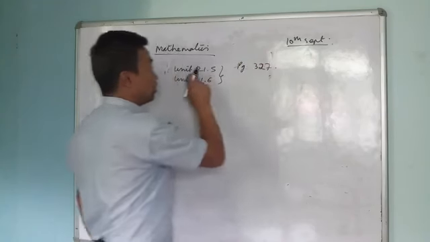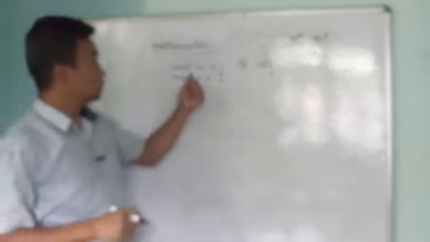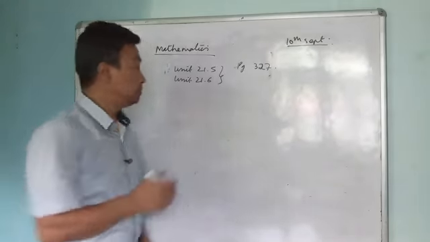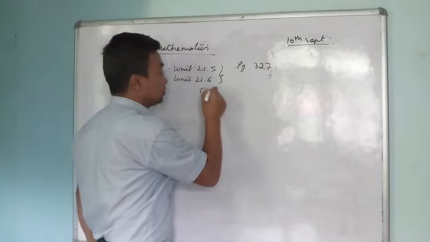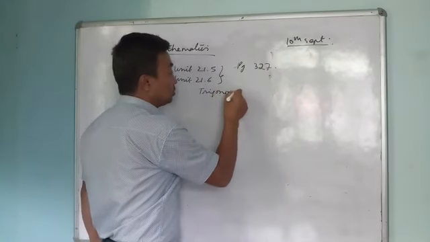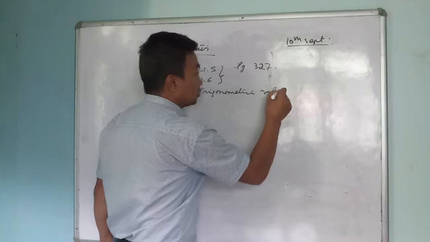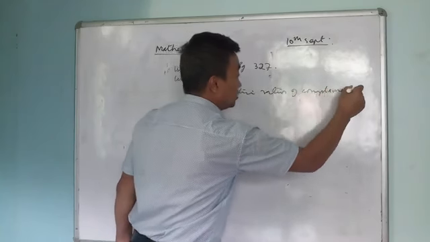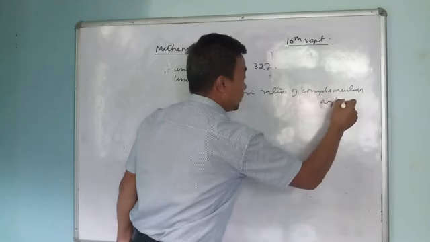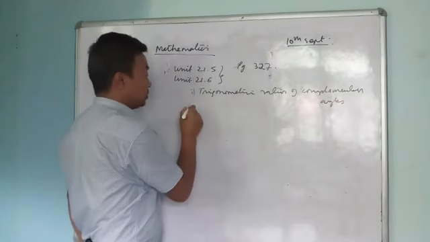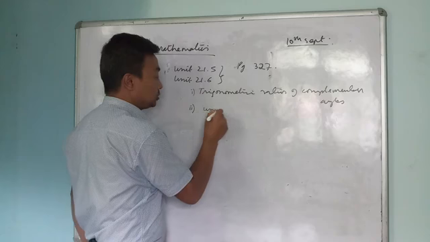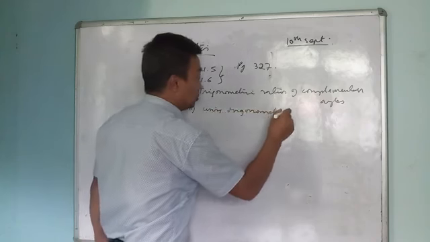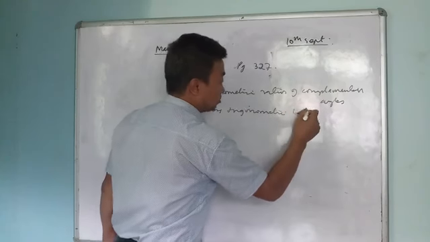These two topics: in unit 21.5, you have trigonometric ratios of complementary angles, and the second one is using trigonometric tables.